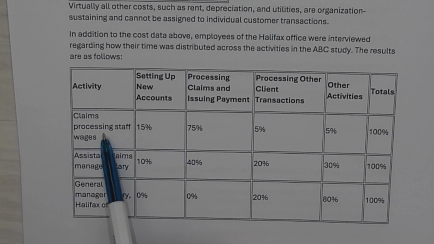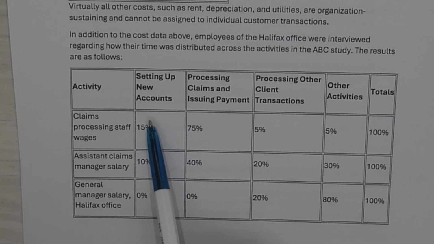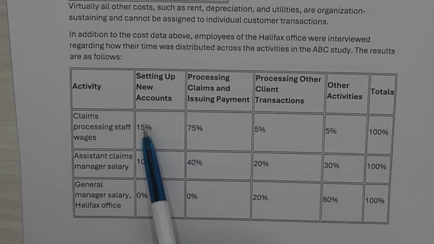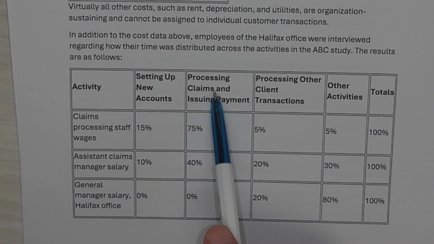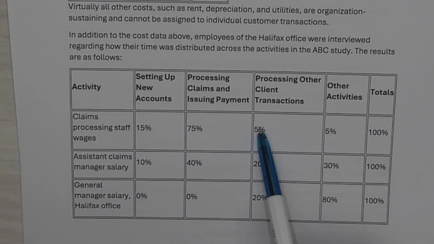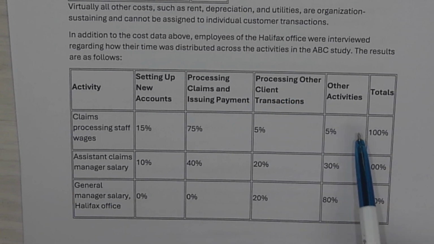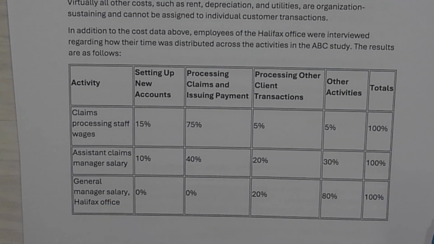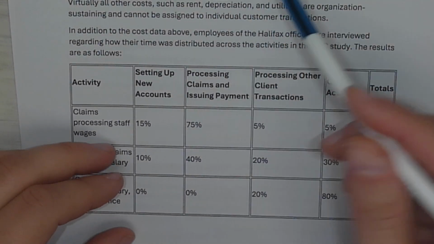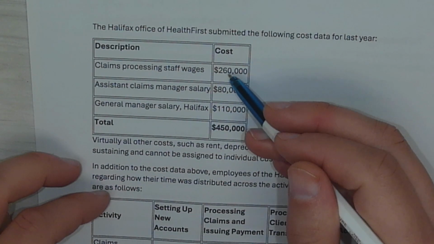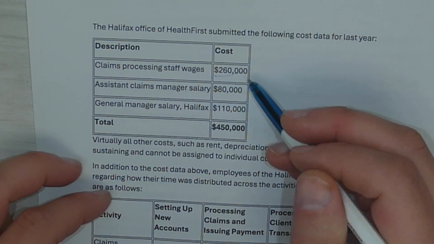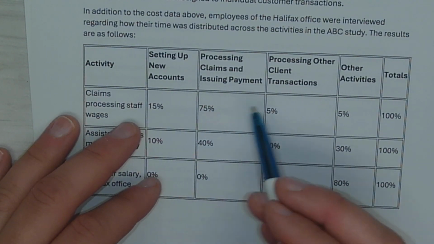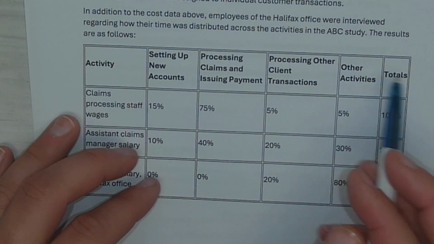The claims processing staff says 15% of the time is doing setting up new accounts, 70% of the time is processing claims, and 5% of their time is other client, and 5% is other. So what we need to do is take their wage, and we need to split it up proportionately by percentage across these totals.